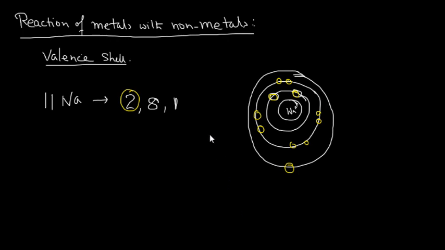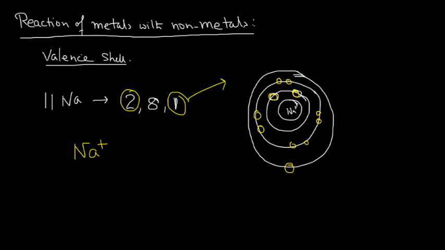So this electron will be given up by sodium. As soon as the electron is given up by sodium, it forms a cation. So metals are always electron donors. So metals form cations.